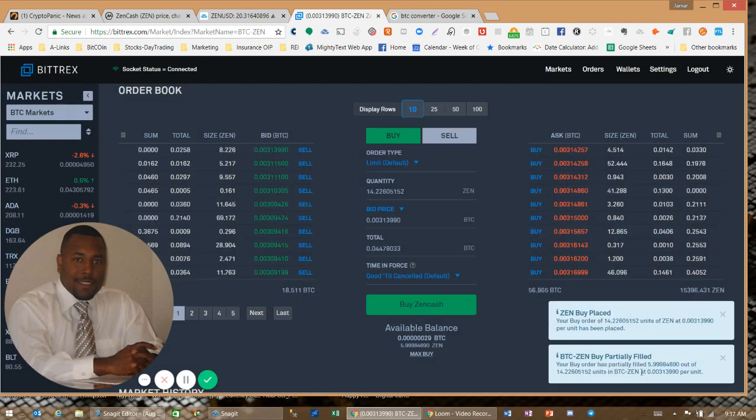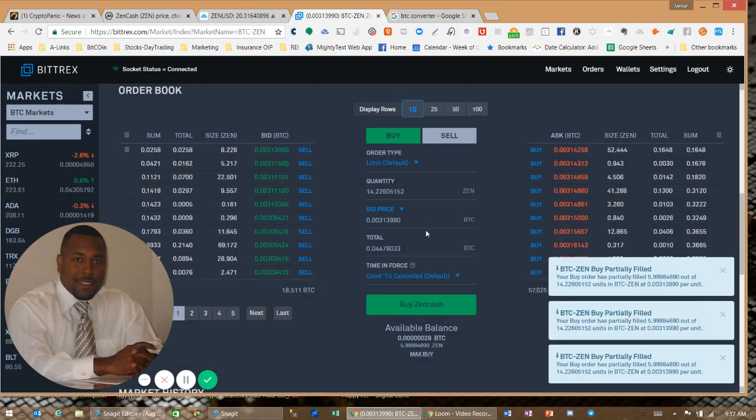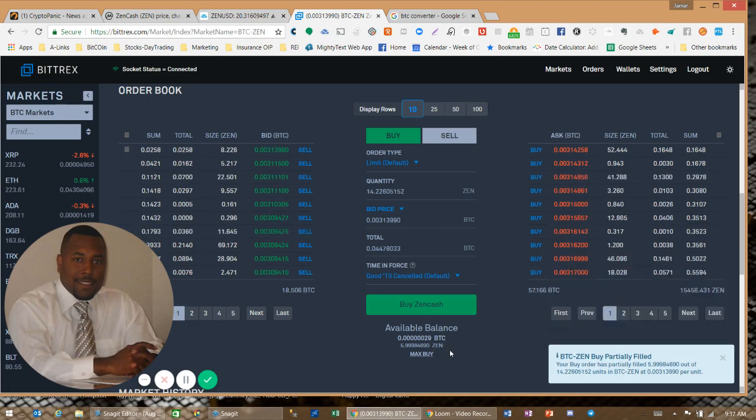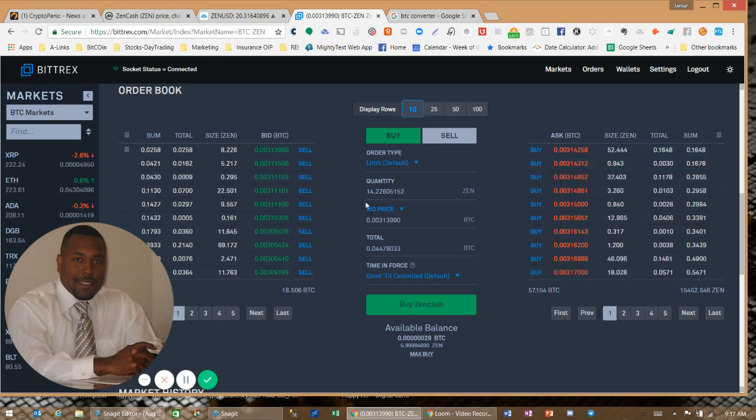So it placed this order. What happened was the number fluctuates. So right now, whatever BTC we had there, we're basically using that to buy Zen. This is definitely just for trading purposes, using an account that's not used much.